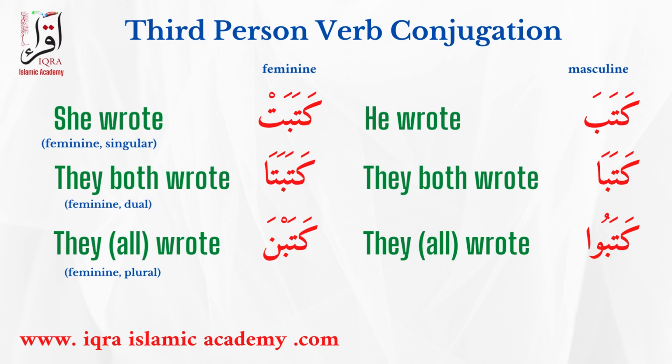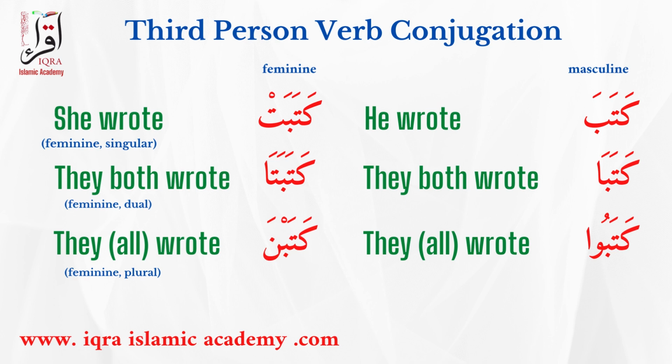And when we add a waw and an alif at the end, it becomes katabu, they all wrote. Kataba is for dual and katabu is for plural. The alif in katabu is not read. It is written as per the Arabic grammar.